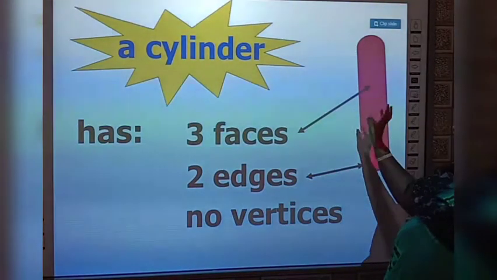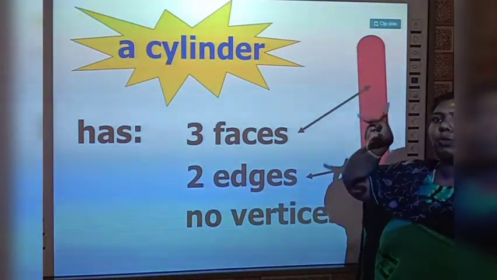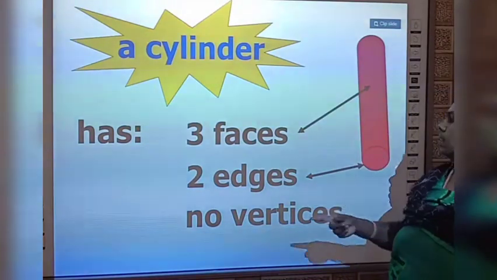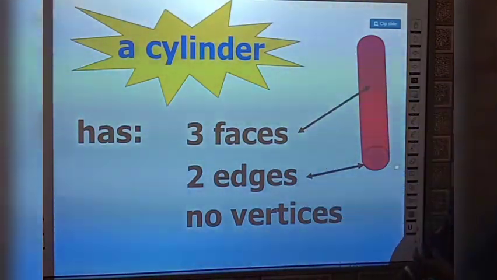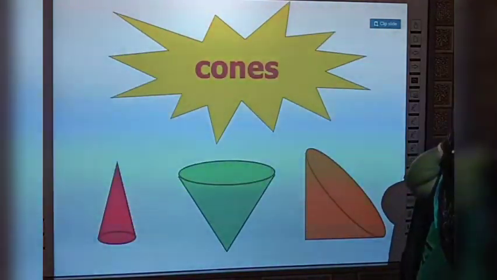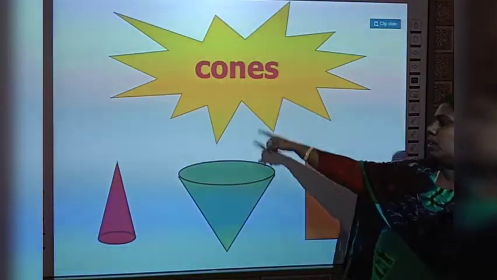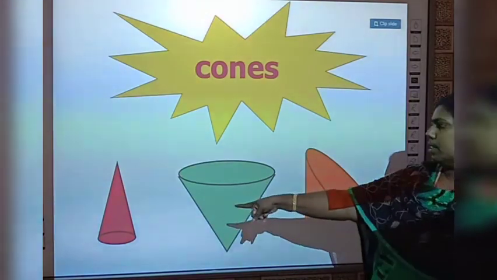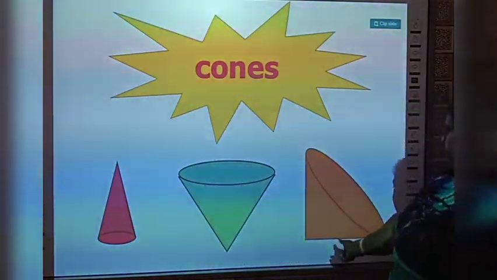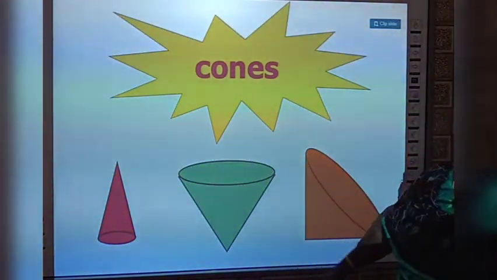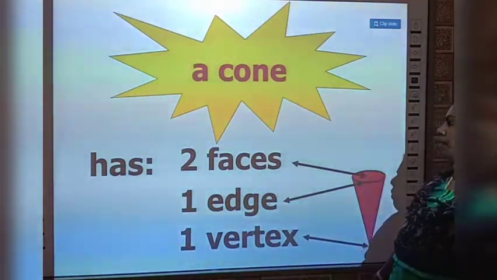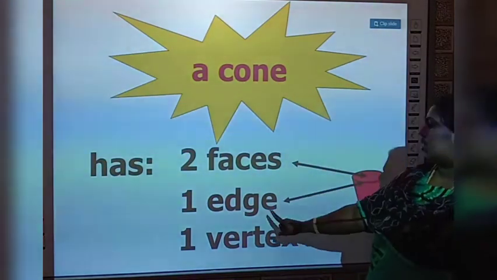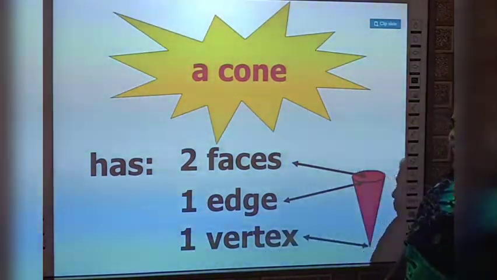That means a cylinder has 3 faces: 2 flat faces and 1 curved face, then 2 edges and no vertices. Then next, cone. Here you can see the small one, then big one, then very big one. A cone has 2 faces, 1 edge and 1 vertex.